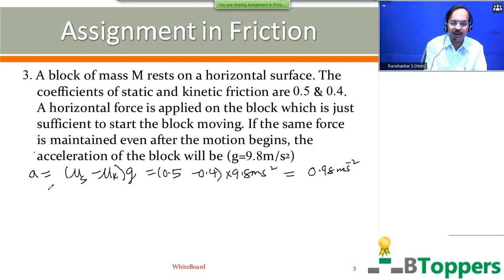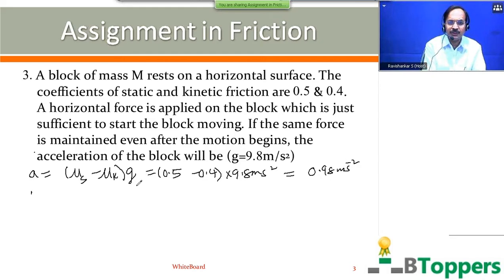So in case you are given this problem in the board examination, you have to repeat the procedure of the special case I have explained in the past. That means you have to derive this result a equal to mu s minus mu k into g as explained in special case 1. Then substitute the given values and solve it. That means the result can be used directly for solving the problem only when it is given for objective type questions in entrance examinations.